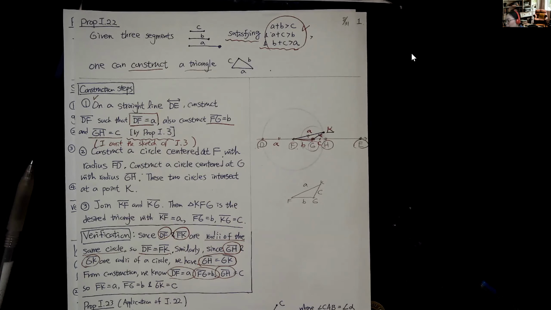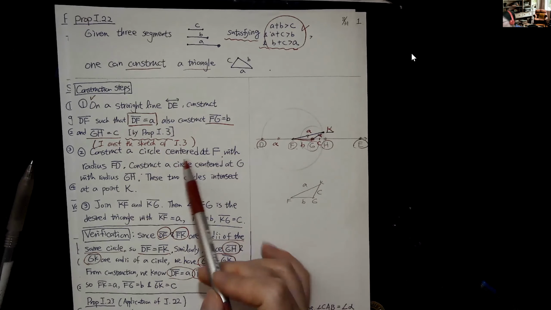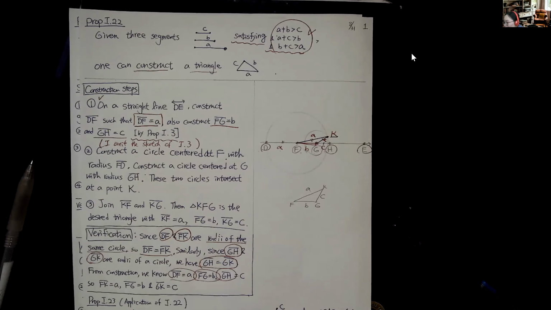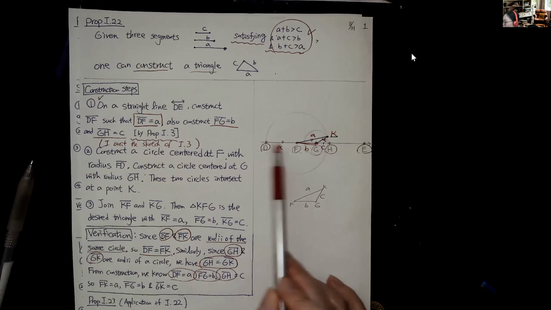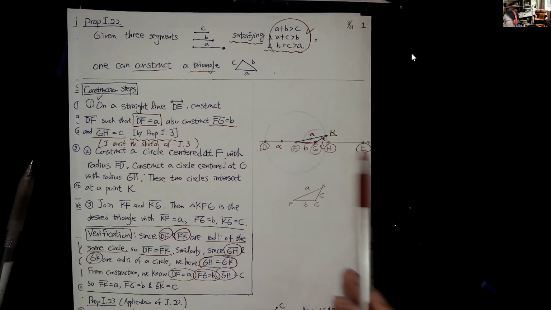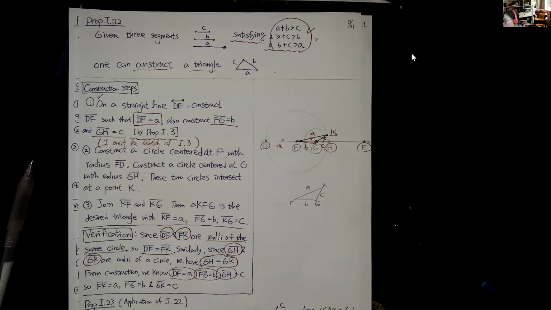As I said, I was being a little bit sloppy and cheating here in that I didn't do construction one. But if I already give you three segments lining up on a straight line, and I ask you to use those three segments to construct a triangle, it can be done in about 5 minutes if you do it quickly.